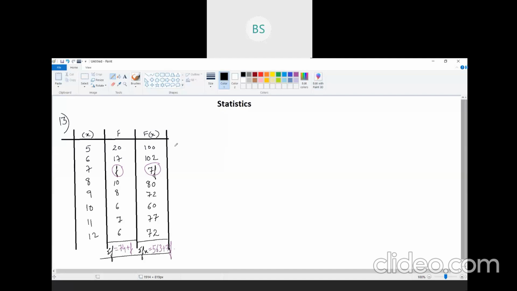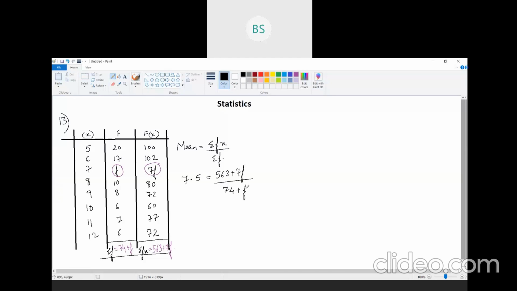Right? So once we finish with this, we will be using the mean formula. Mean is equal to sigma fx upon sigma f. In the question they have given us mean as 7.5. So replacing mean with 7.5, 7.5 is equal to, substituting the values, numerator will be 563 plus 7f, and denominator will be 74 plus f.